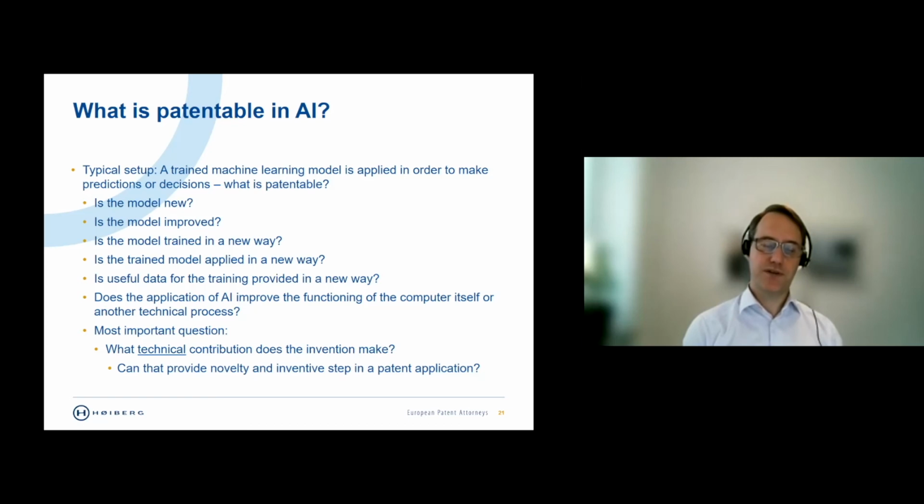It has been more accessible, and you have models that you can train, commercial solutions that you can just feed with data and then get a trained model and so on. So it's much more available, and everybody uses it much more these days. And for that reason, patent law has also been urged to develop a little bit in this regard.